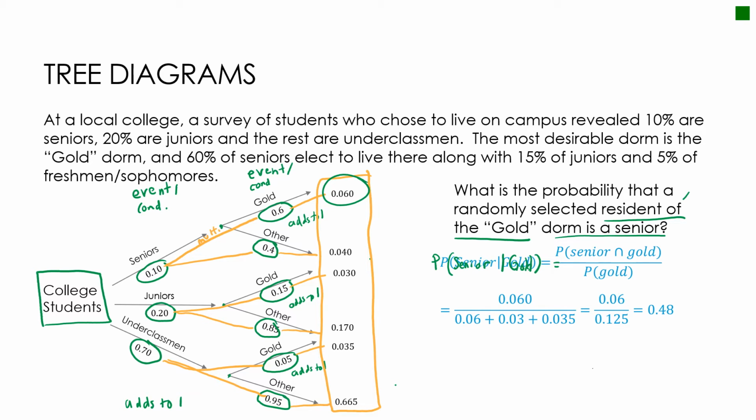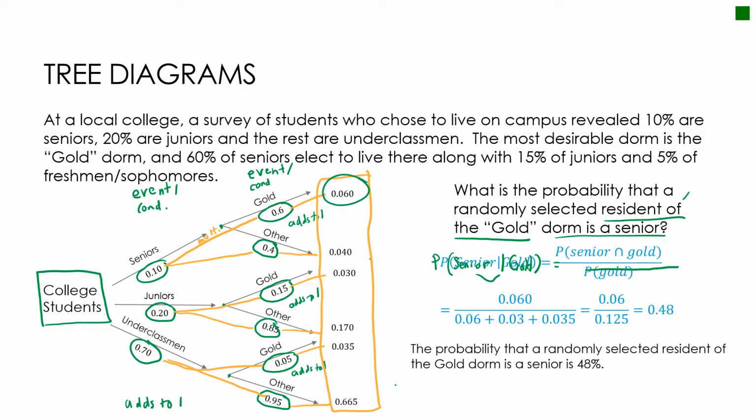Just as we have been doing, the numerator is going to be someone who's in both categories, senior and Gold. And look, that's the one we've already looked at, which is 0.060. The denominator, however, is anybody in the Gold Dorm.